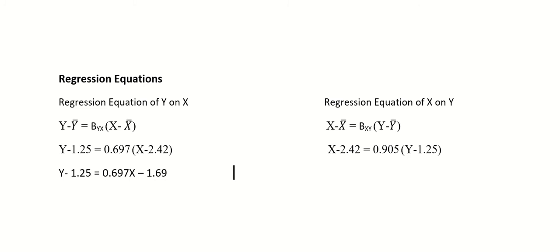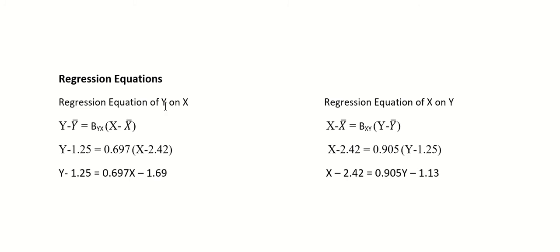Now similarly we have to calculate for this also. So x minus 2.42 equals to 0.905 y minus 0.905, okay, 1.13 we have obtained.